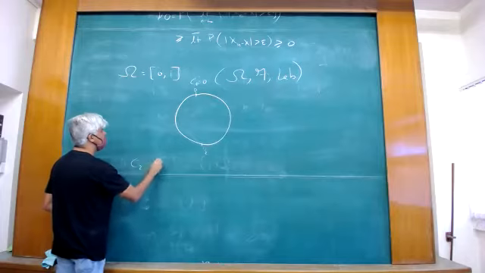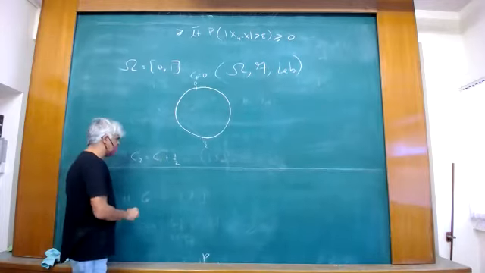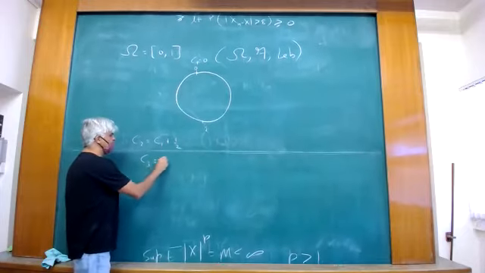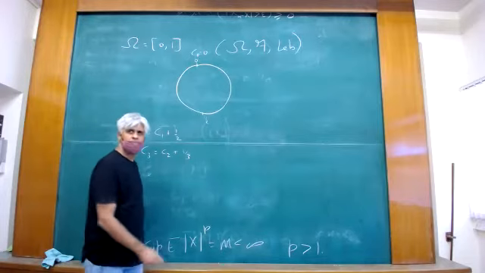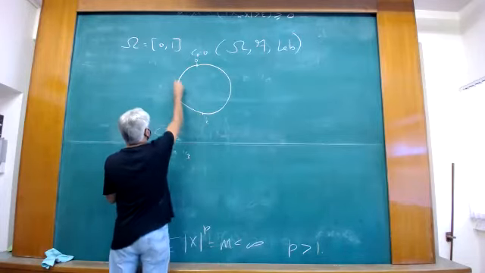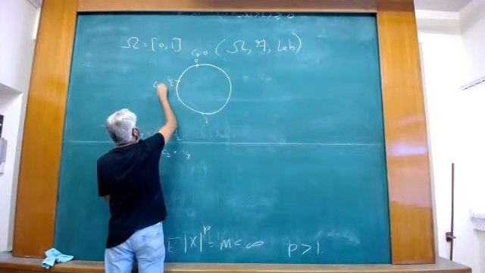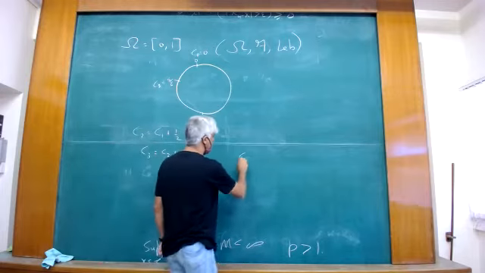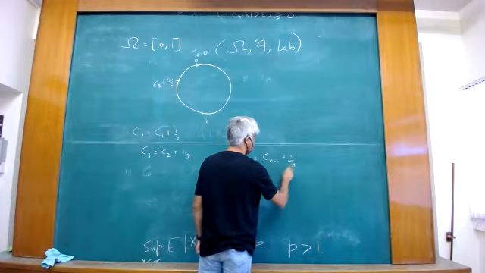C2 is equal to C1 plus 1 by 2. C3 is equal to C2 plus 1 by 3. So C2 is 1 by 2, C3 is 5 by 6. Cn is equal to Cn minus 1 plus 1 by n.